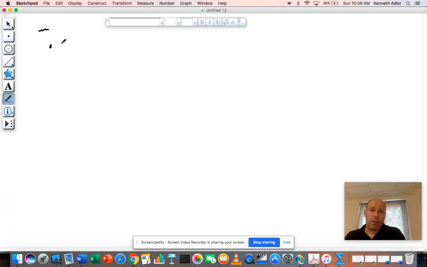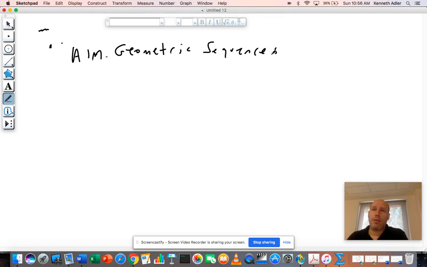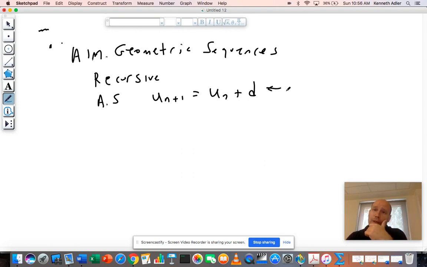So let's look at today's lesson. The aim is going to be geometric sequences, and the idea is let's look at the recursive. With an arithmetic sequence, to get to the next term, we added or subtracted the common difference.